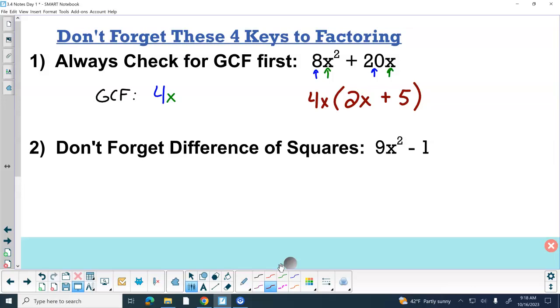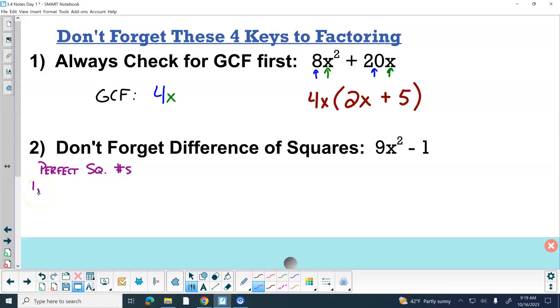So in remembering perfect square numbers, talk to me. What are the perfect square numbers? Let's go smaller than 150. What's the first one? 1 is the first one.